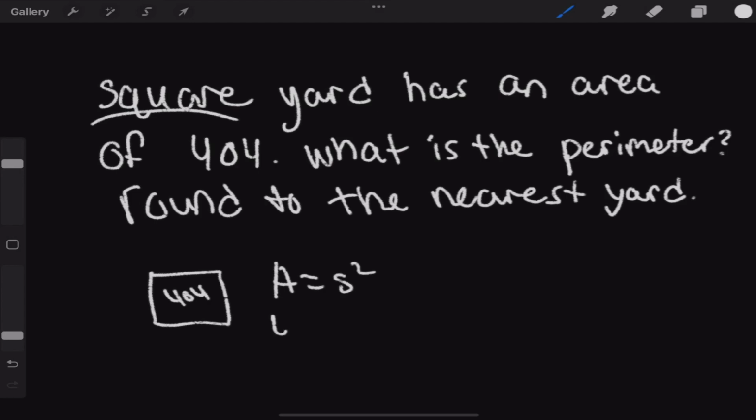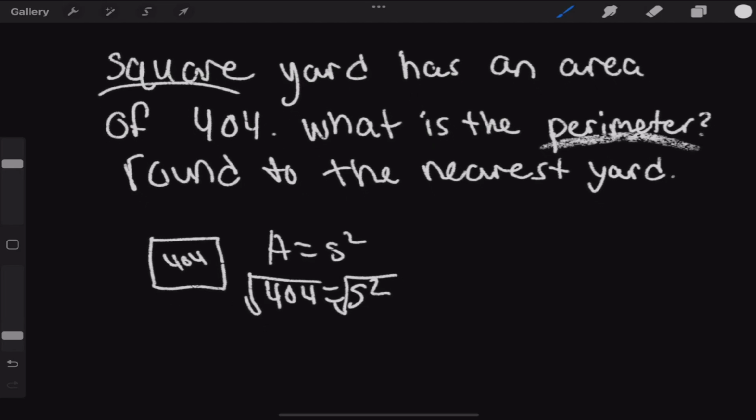And if we plug in our area here, this will allow us to find the side, because we need to find the side to find the perimeter. So since we have 404 equals s squared, we can square root both sides to get rid of our exponent.